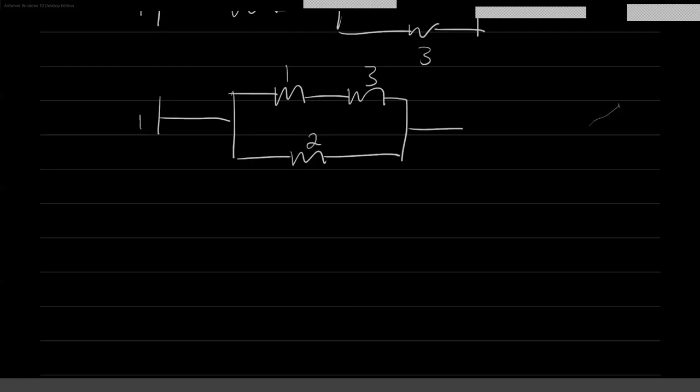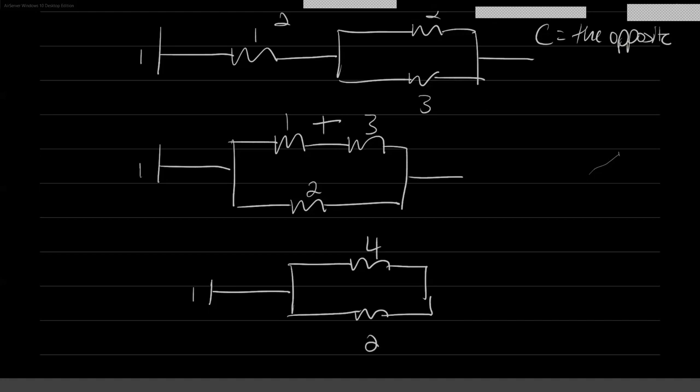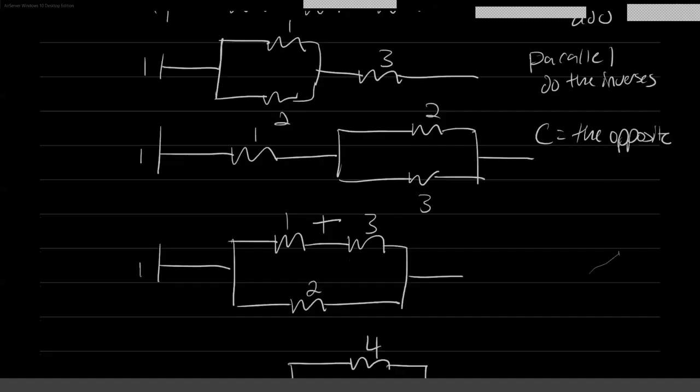And then this one's where it gets a little trickier. You'd have to add these two, and then whatever value you get for that. So it'd be like this. And then this would be 2 still, and this would be 4 then. So you get a different value, right?